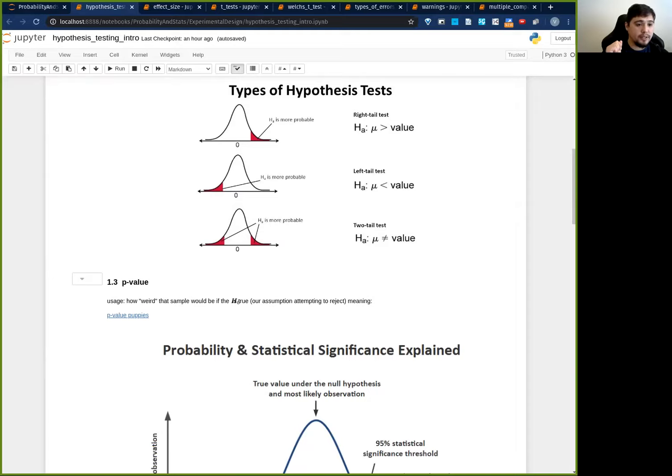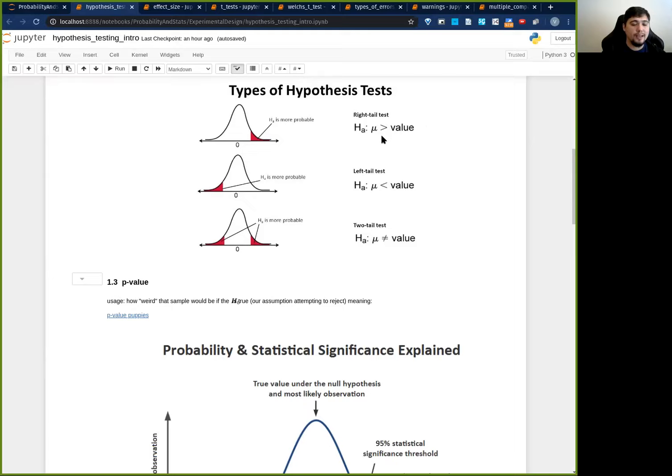Is that person's age significantly older than the average person on the Titanic? Do they live in this area? In some cases, you might pull out someone from first class and ask, is that person significantly younger than the average age of the Titanic? And that would be the situation here.